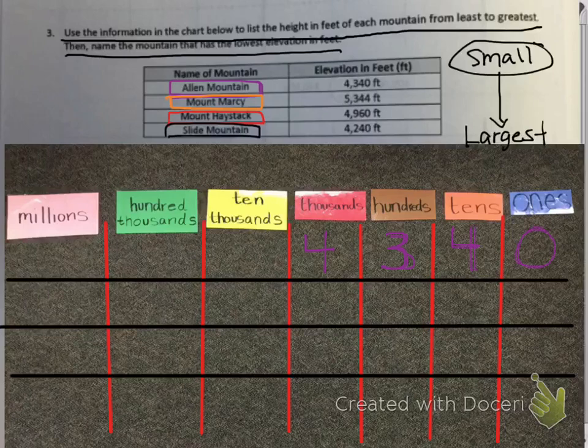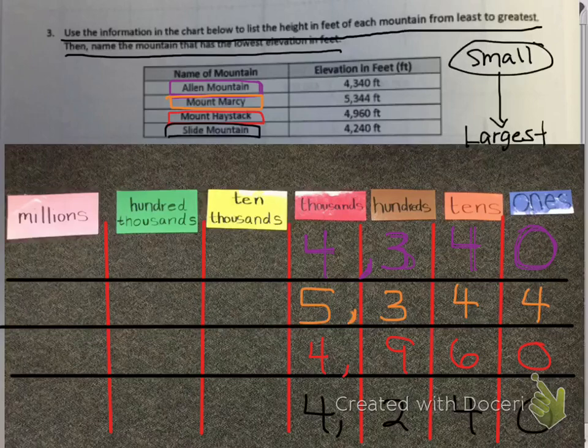Don't forget your commas. Mount Marcy is 5,344. Mount Haystack is 4,960. And Slide Mountain is 4,240.